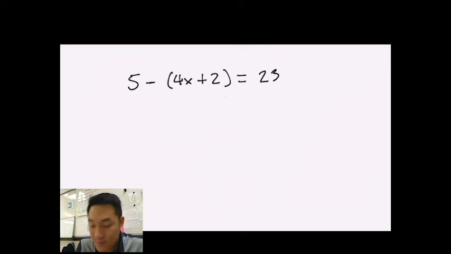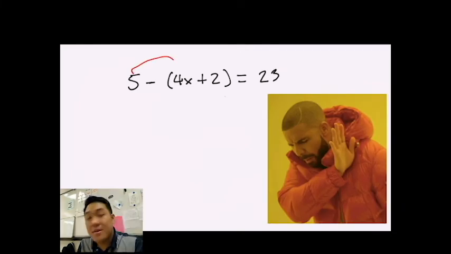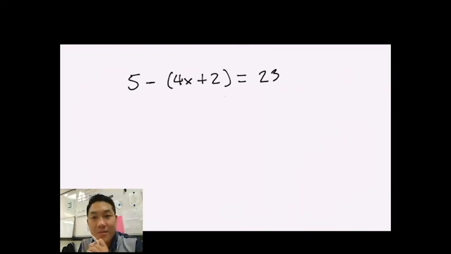I've got 5 minus, and then open parentheses, 4x plus 2, close parentheses, equals 23. Alright, so looks like the 5 is in front, so let's multiply that way. Oh, that's not right either, Drake. Okay. Well, I do see a minus there, right? So it has to be directly in front of the parentheses. So what number is directly in front of the parentheses?